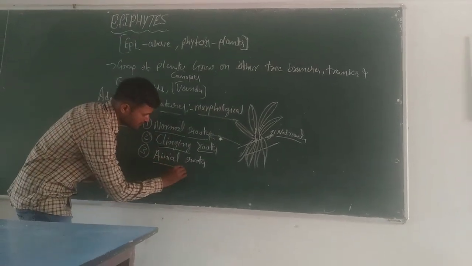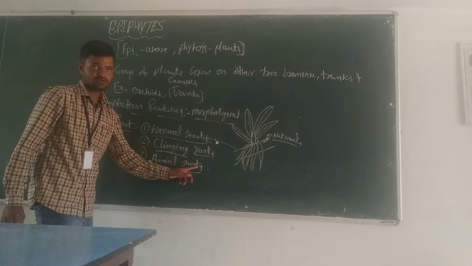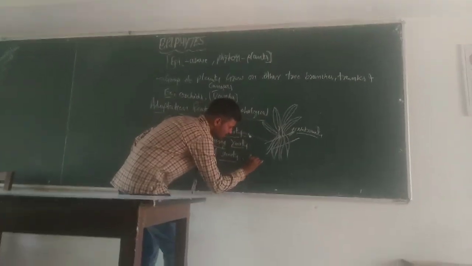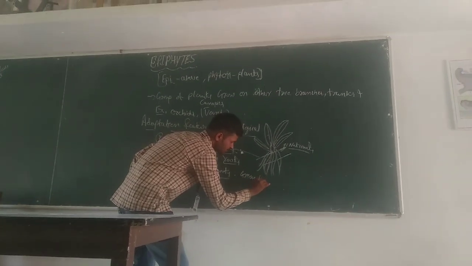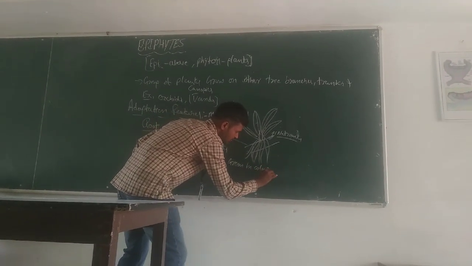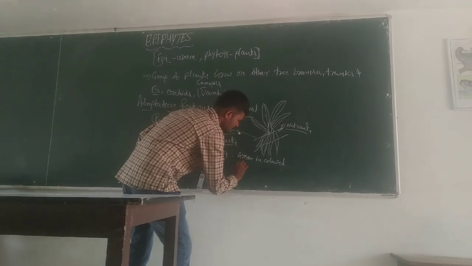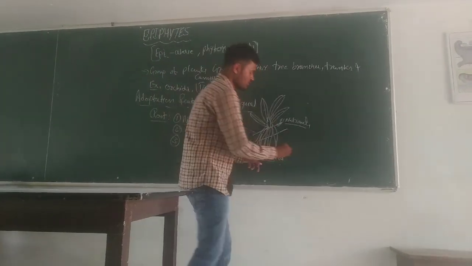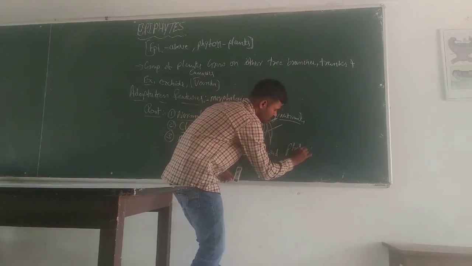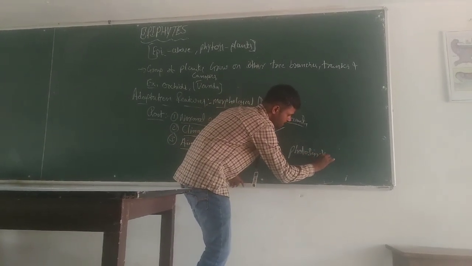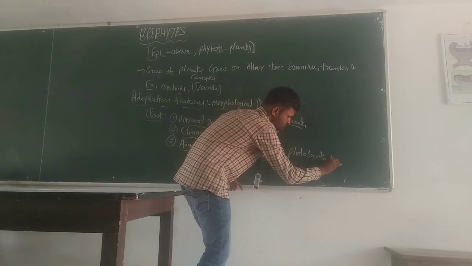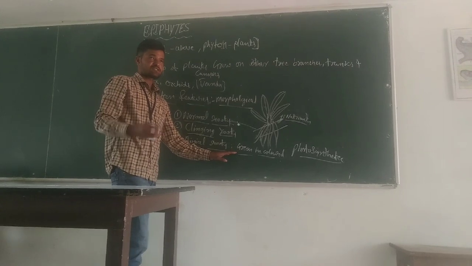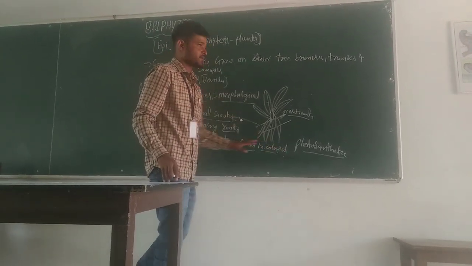Next, aerial roots. These aerial roots are also called photosynthetic roots. They are green in color, and they are helpful for photosynthesis.